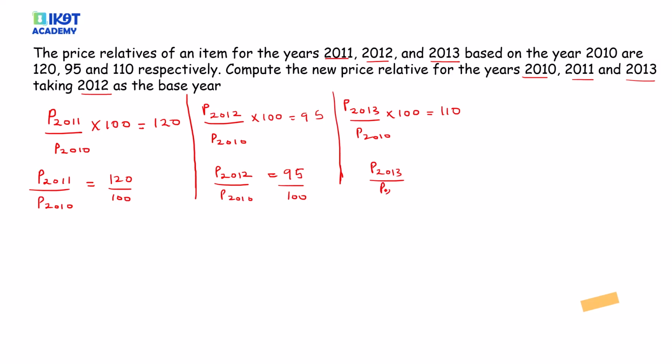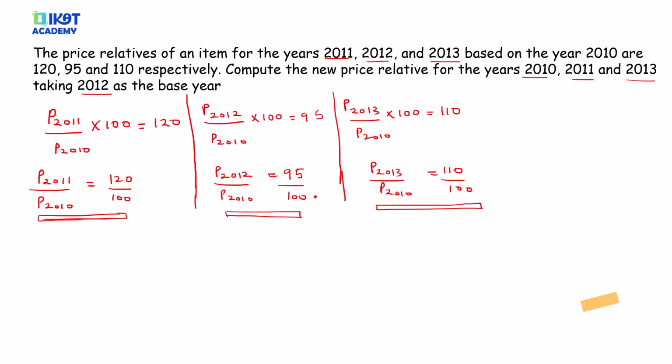P2013 divided by P2010 is going to be equal to 110 divided by 100. So we have these three. Hope you remember the other concept I told you about, the reciprocals and how they work. So here we have this.